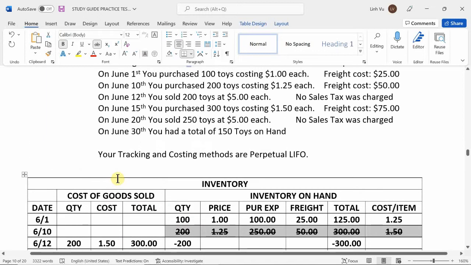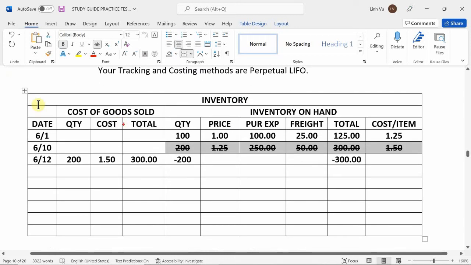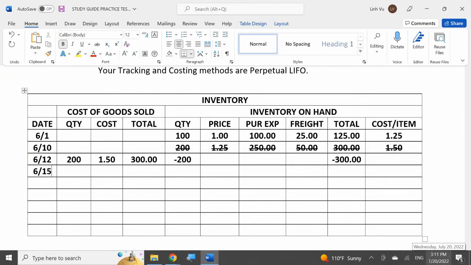Then on June 15, we end up purchasing 300 toys costing $1.50 with a freight of $75. So I made a purchase of inventory on June 15. I didn't sell. I purchased 300 units at $1.50 with a freight of $75.